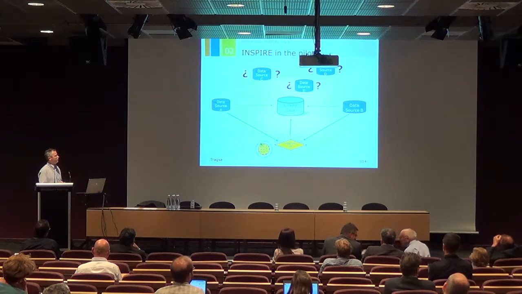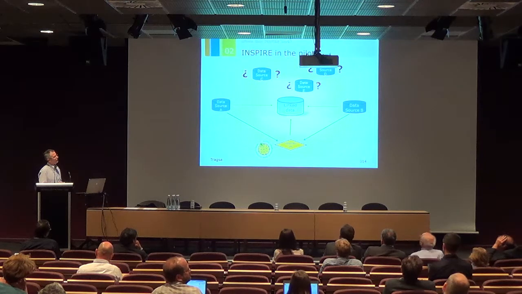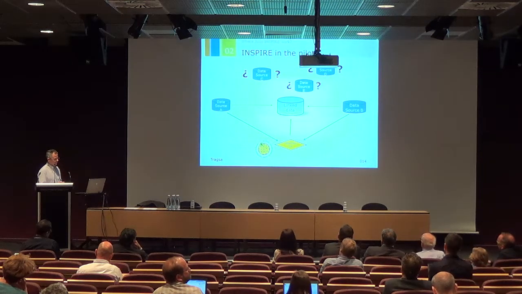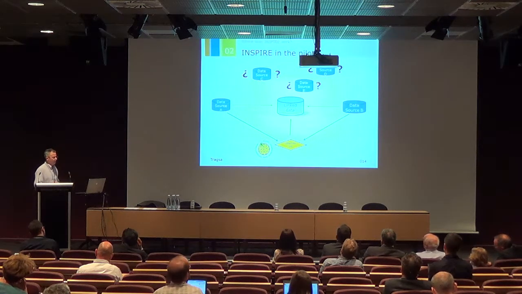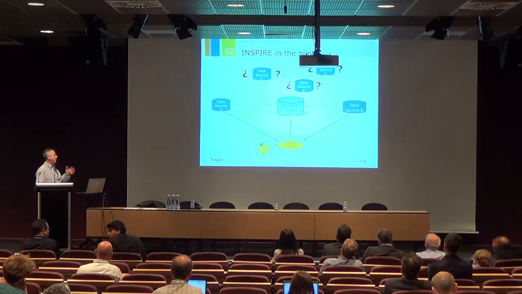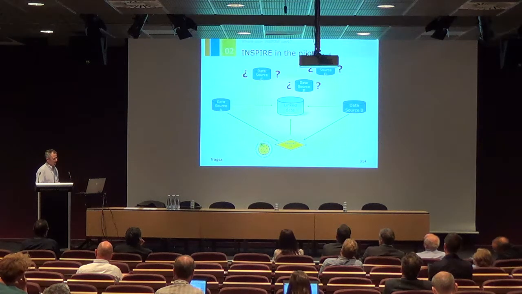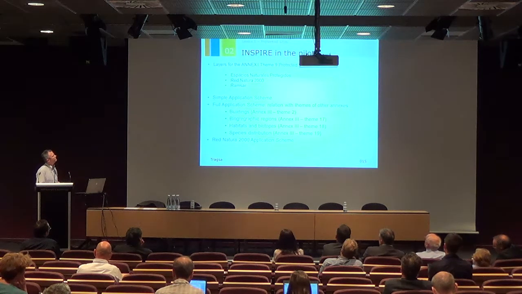One of the conclusions or results that we want to obtain from the project is to find out statistics about this process: which kind of data runs better, INSPIRE or not INSPIRE. This is one thing that we want to research.